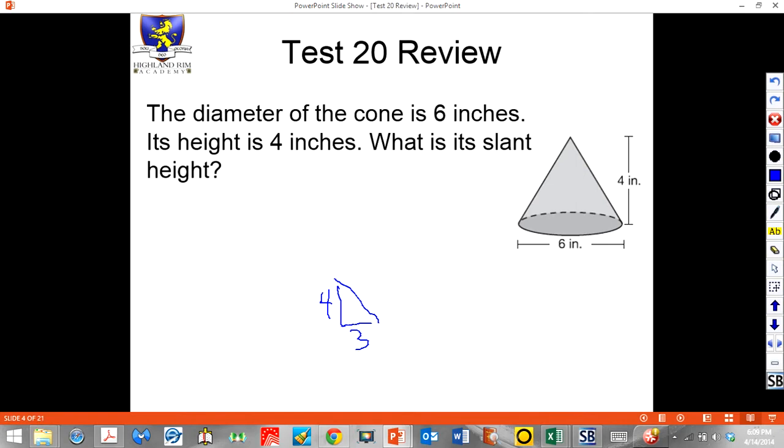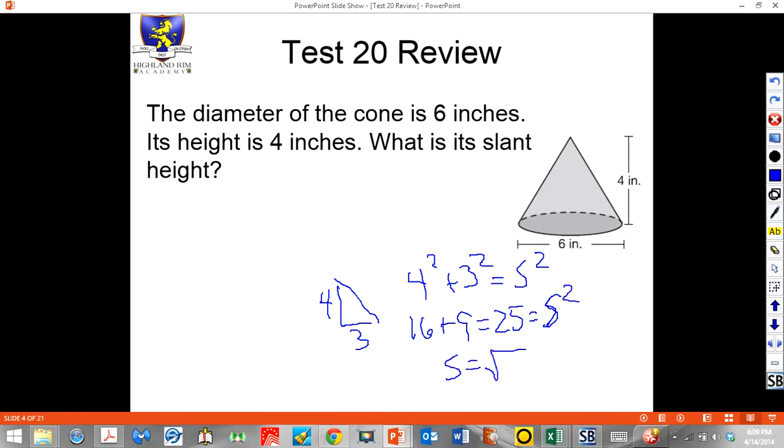So all we have here is the Pythagorean theorem, a squared plus b squared equals c squared. So 4 squared plus 3 squared is equal to the slant height squared. 16 plus 9 equals 25, which is equal to slant height squared. So the slant height is the square root of 25, which is 5 inches.